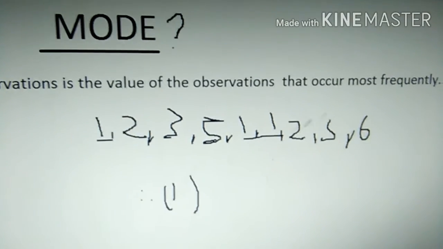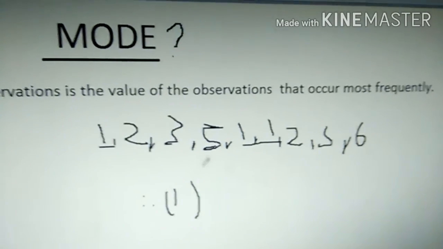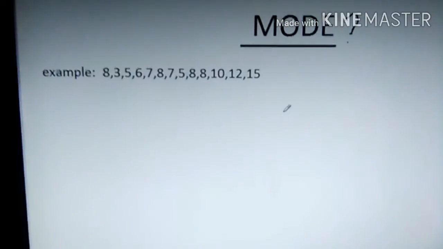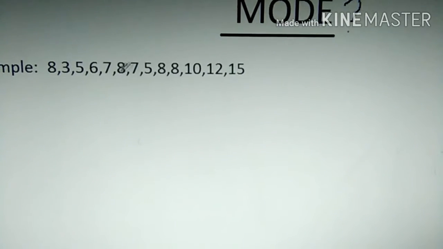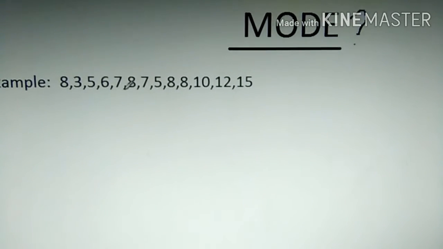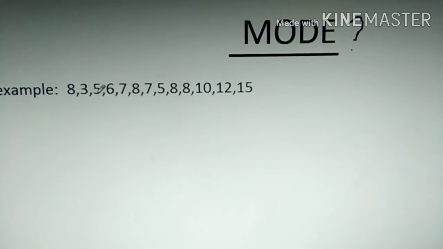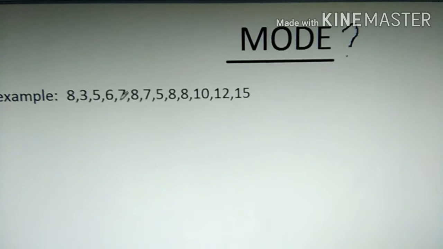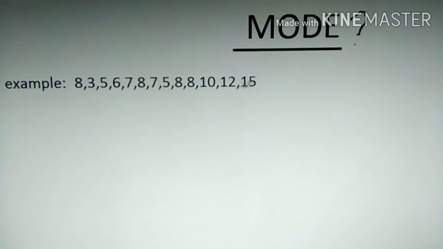Now, in the given observations, the term having the greater frequency is called the mode. Now, let us look at another example. We took some observations. In these observations, 8 is repeated continuously: 1, 2, 3, 4 times 8 is repeated, whereas 3 is repeated 1 time, 5 is repeated 2 times, 6 is repeated 1 time, 7 is repeated 2 times, 10 is repeated no times, 12 is 0 times, 15 is 0 times.